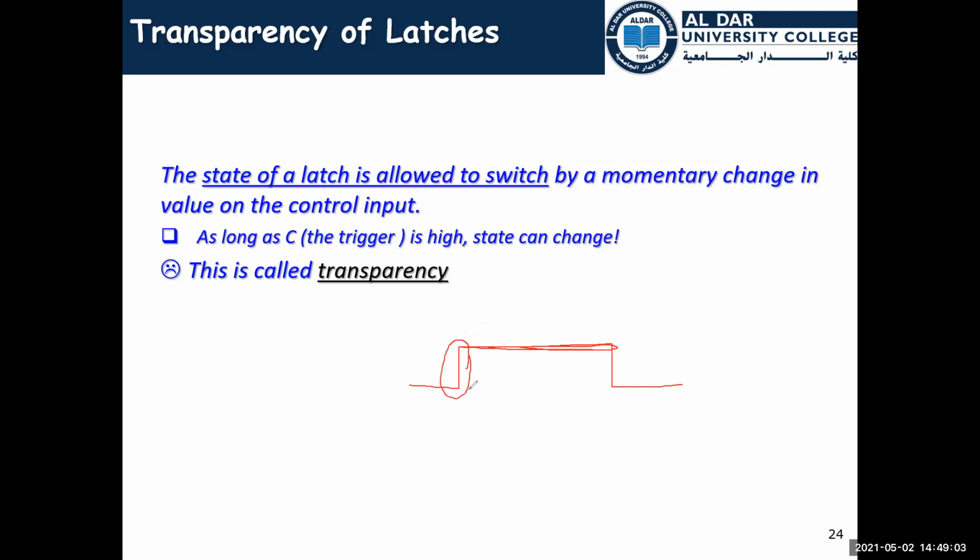We want to work on pulses. Transparency means as long as this is 1, the output will depend on the input. But I want to just change the output on the edges, not keeping the output for a long time like that. I want to change it immediately.